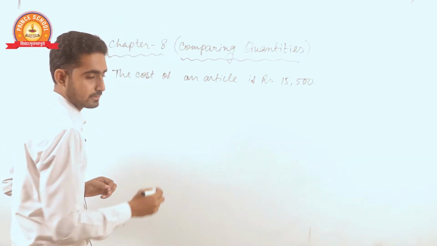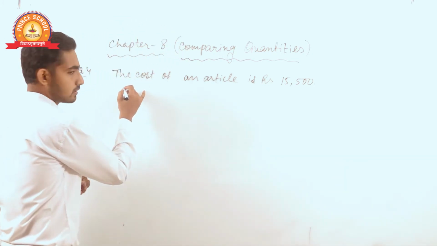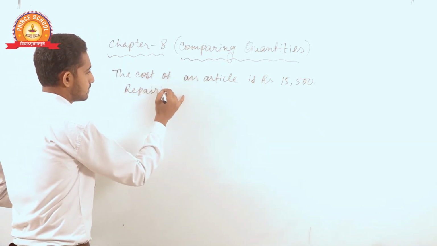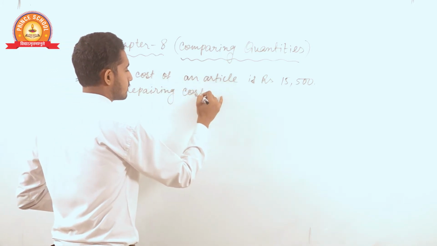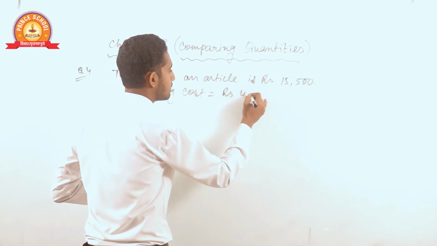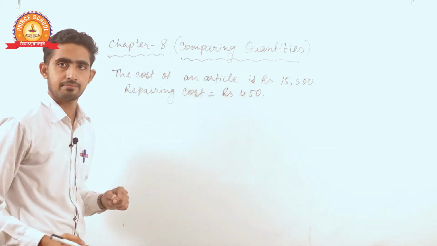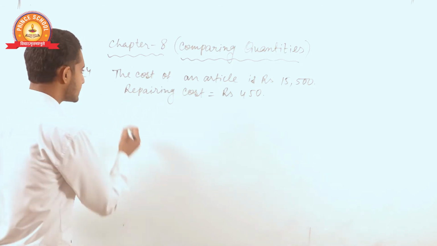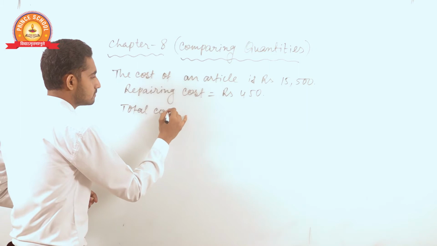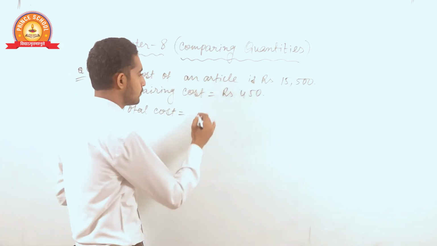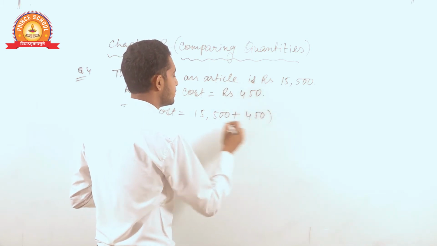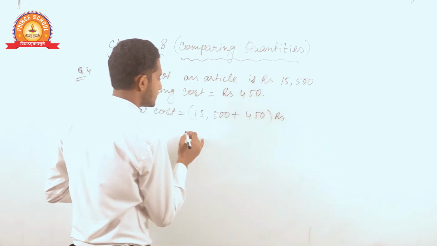And another thing is given, the repairing cost, that is rupees 450. So we can easily find out the total cost. Total cost is equal to 15,500 plus 450 rupees. That total is how many?